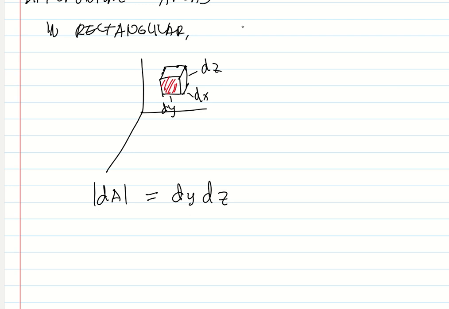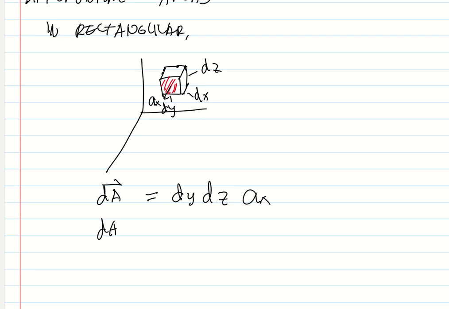Let's make them a vector so that we can determine which differential area we are solving. The direction of the differential area in electromagnetics is the unit vector perpendicular to that differential area. For example, dy times dz, which is this one, has its direction in this direction, which is the unit vector ax, so we multiply with ax.